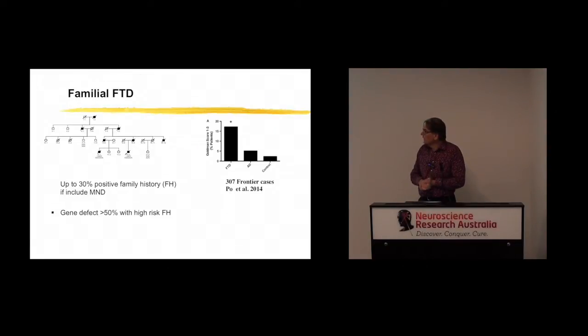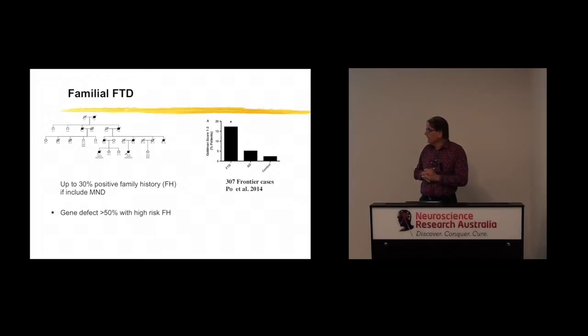We also know that FTD is quite a familial or inherited disorder. If we dig around in the family history, we find that up to a third of cases, there is some family history of dementia or of motor neuron disease in a family member.